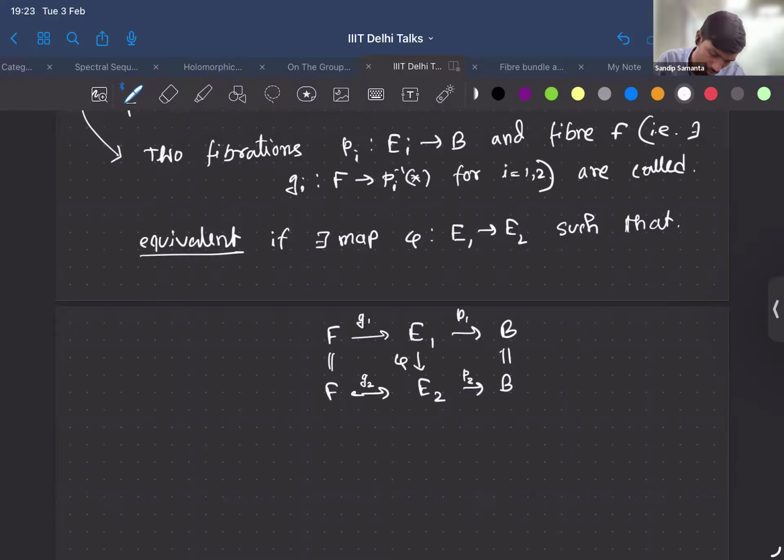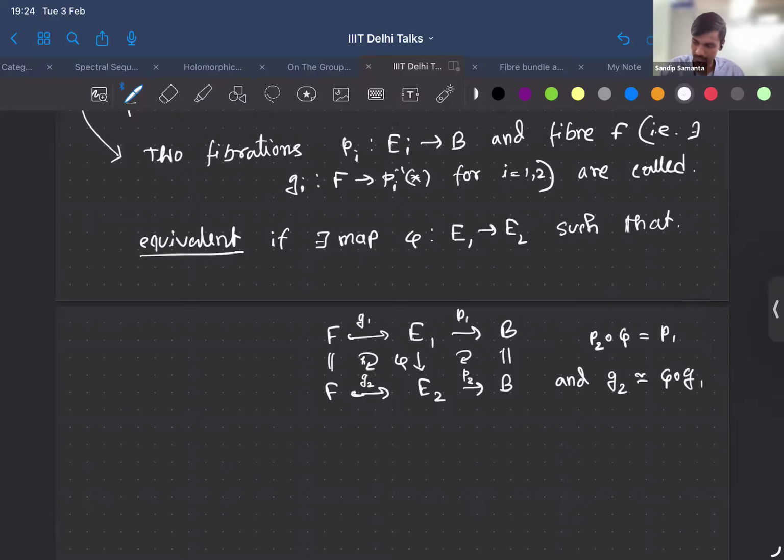Now I want the first diagram to be directly commutative, and the other one is this: p2 composed with P is equal to p1. So this commutes directly, and this commutes up to homotopy: g2 is homotopic to P composed with g1.